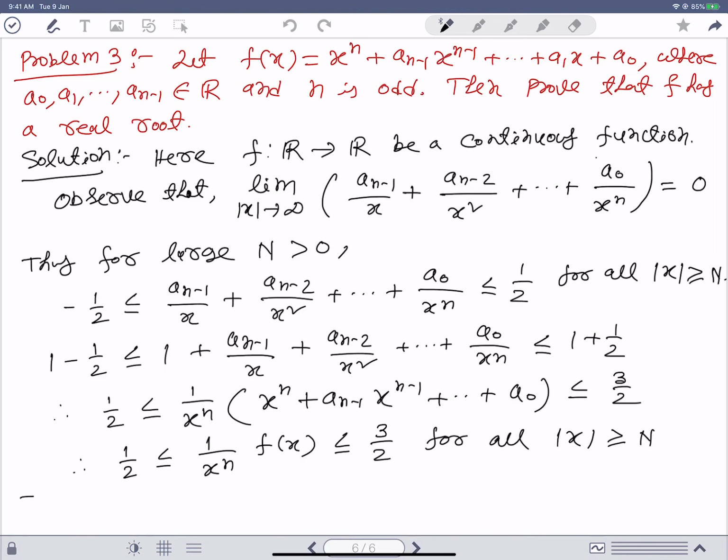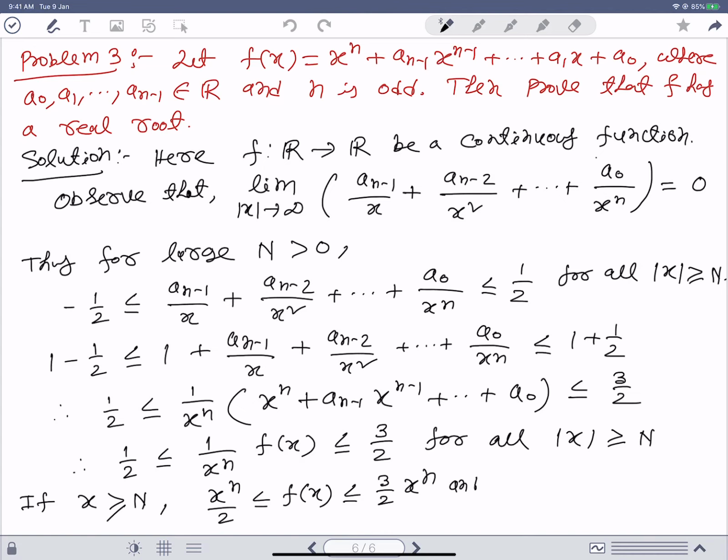Now if x is bigger than or equal to N, then x is positive, right? So we have x^n / 2 less than or equal to f(x) less than or equal to (3/2) x^n.